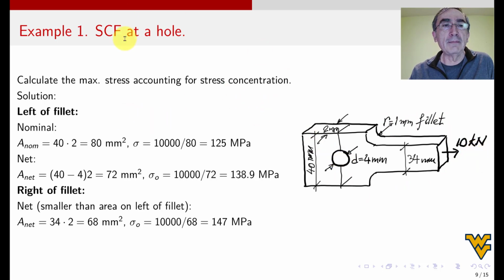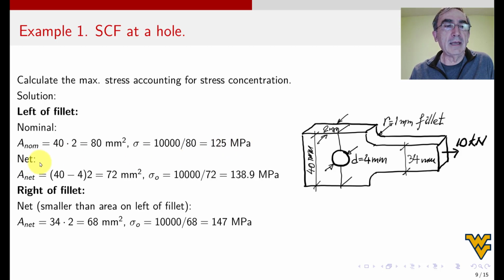So, okay, first on example 1, let's calculate the stress concentration factor and the stress at the hole, all right? The hole is 4 millimeter diameter, this is 40, yes? And so we calculate left of the fillet, nominal is 40 times 2, 80, and then we calculate the nominal stress, which is 10 kilonewton divided by 80, 125, okay?